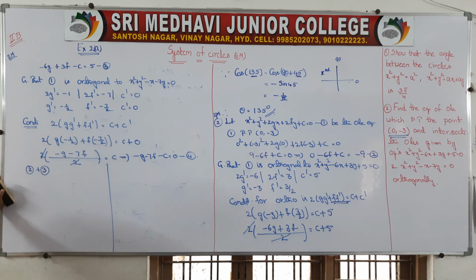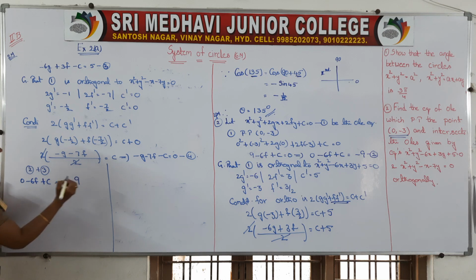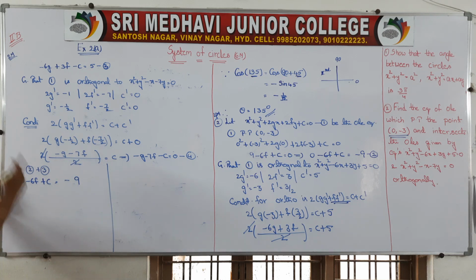So, what is our second equation? 0 minus 6f plus c is equal to minus 9, right? And the next is minus 6g plus 3f minus c is equal to 5.